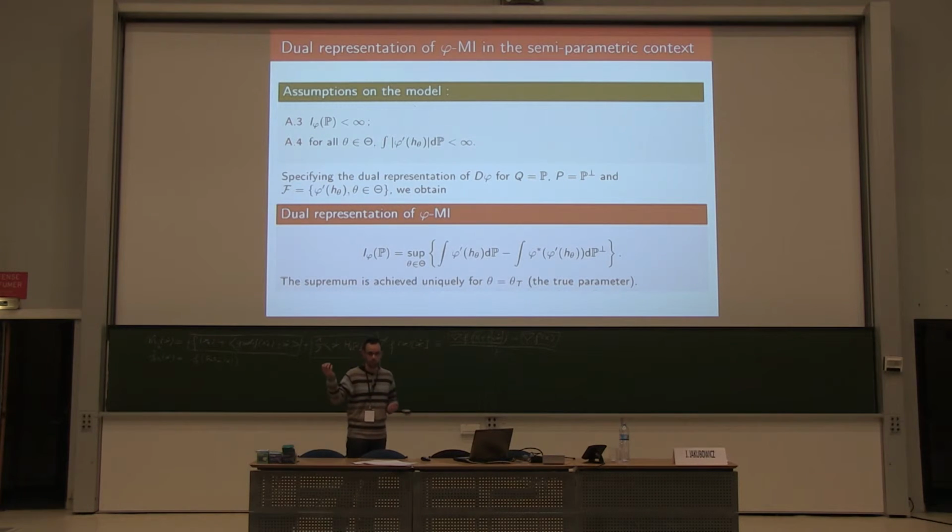The first one computed with respect to the joint distribution, and the second one with respect to the product of the marginal distribution. And the supremum is achieved for the true parameter of the joint distribution.